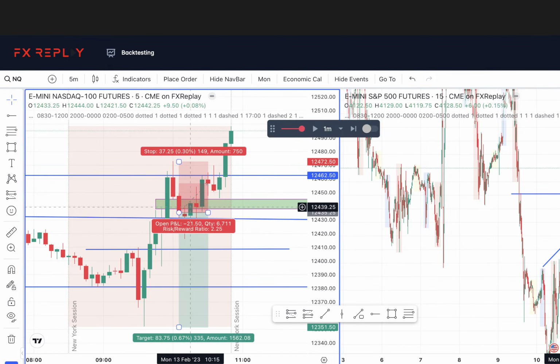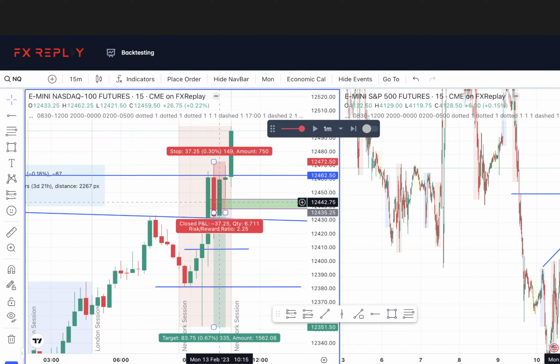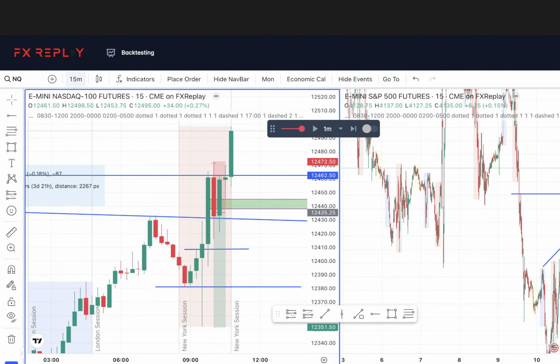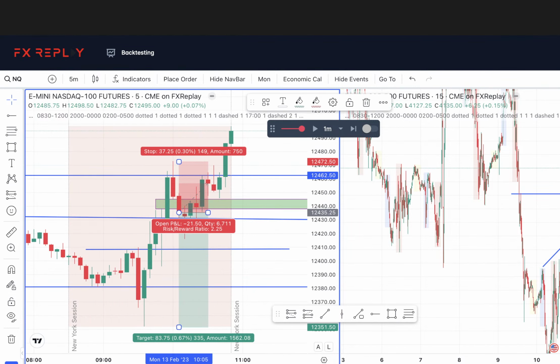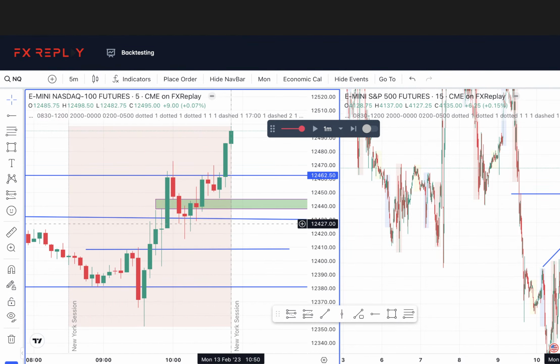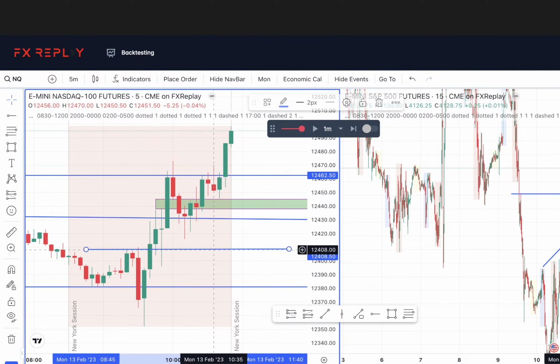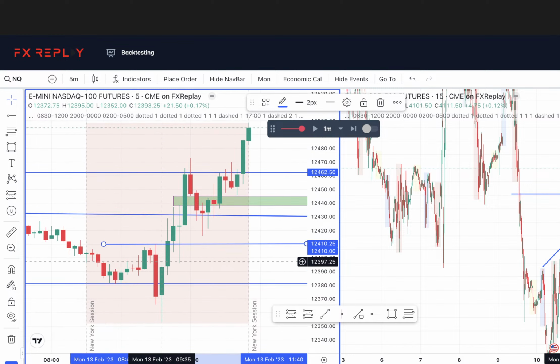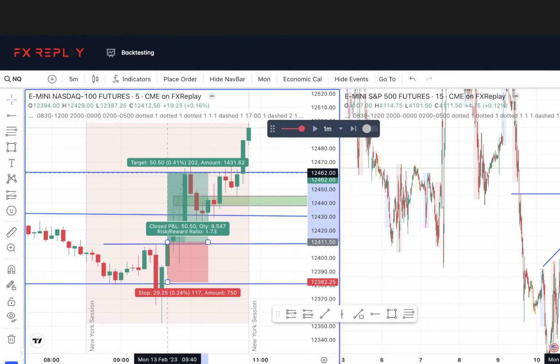So the invert here with a 15 minute show. Yeah, some confusion on the 15 minute. But my original thought on the 5 minute was to wait for a candle close above this swing high, the one made right at 9:30, and trade here, something like that.